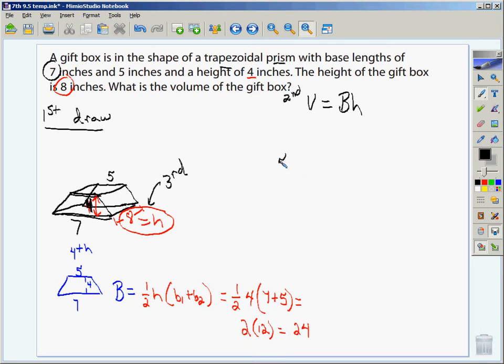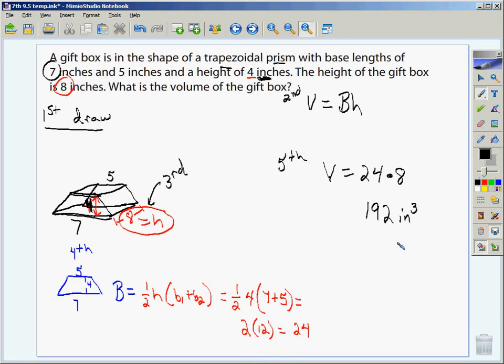And the last thing I'm going to do is take 24, my base, times 8, which is my height. All the measurements were in inches, so my volume is in inches cubed.